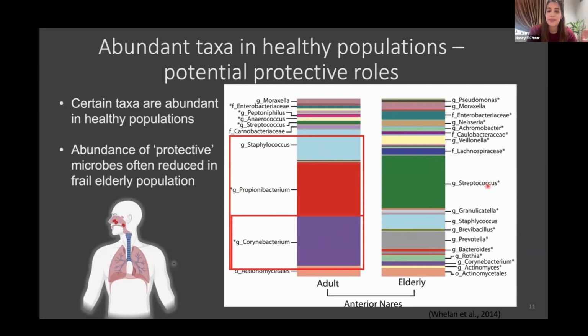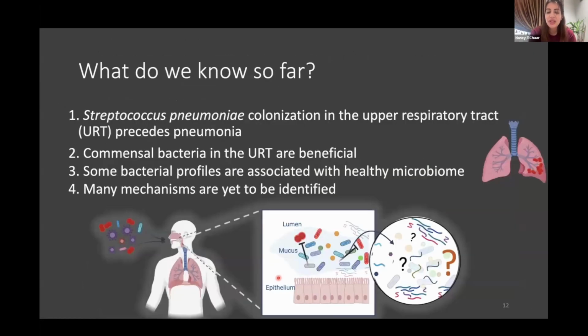These commensal bacteria that are thought to be protective are lost as we age, and the microbiome shifts from these dominant groups to other dominant organisms like Streptococcus and Prevotella. So what we know so far is that the colonization of Streptococcus pneumoniae in the upper airways can lead to bacterial pneumonia.